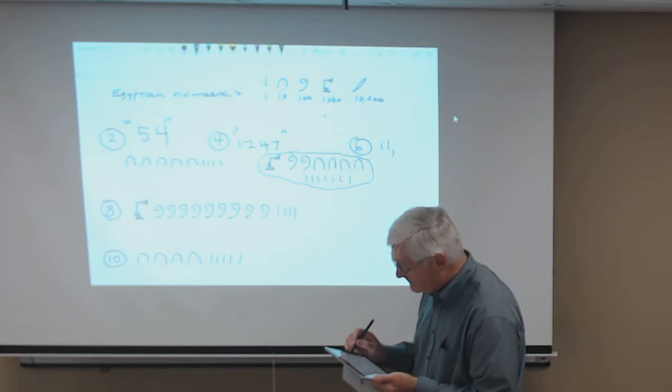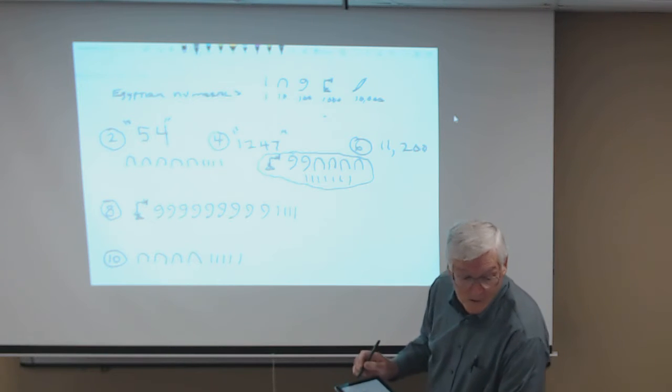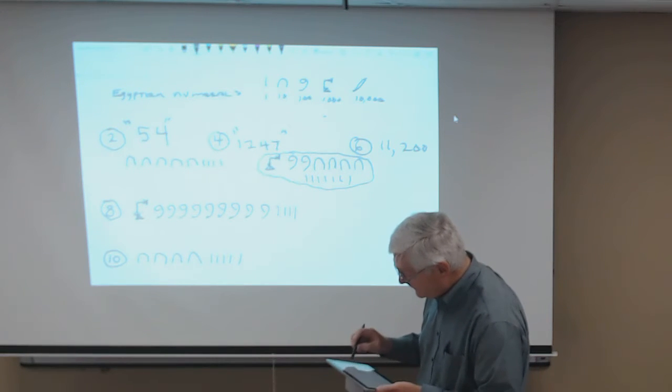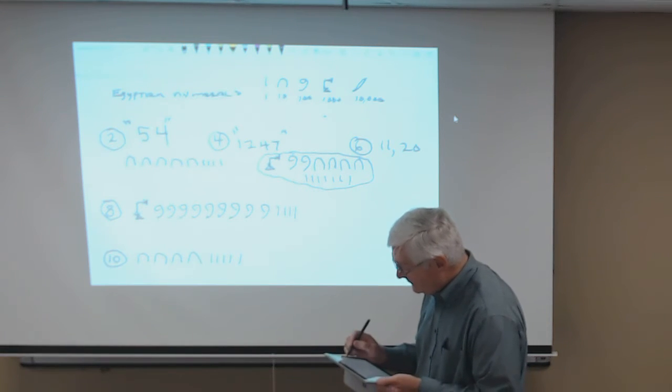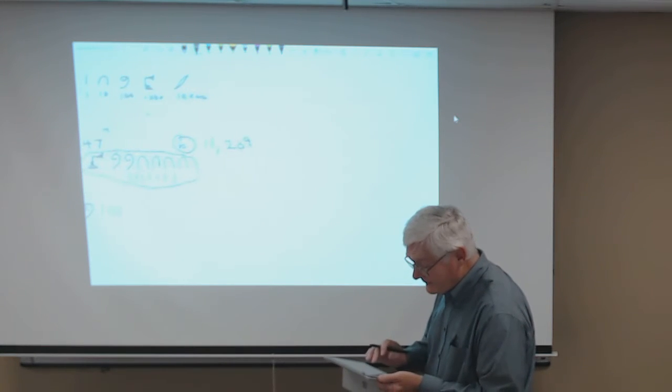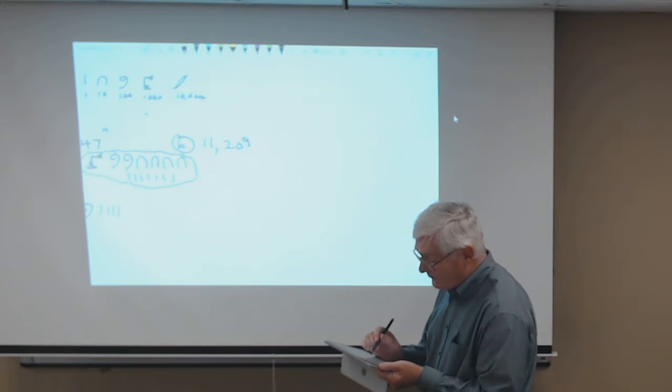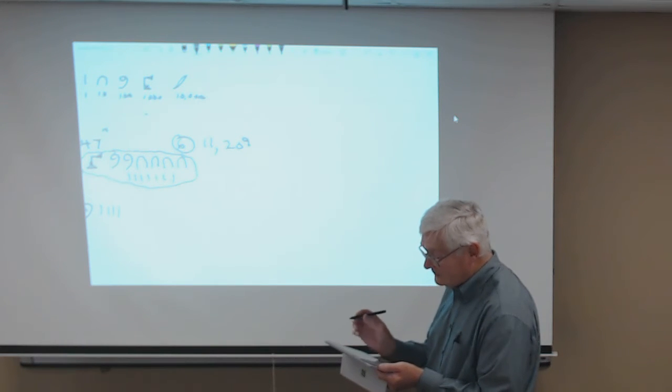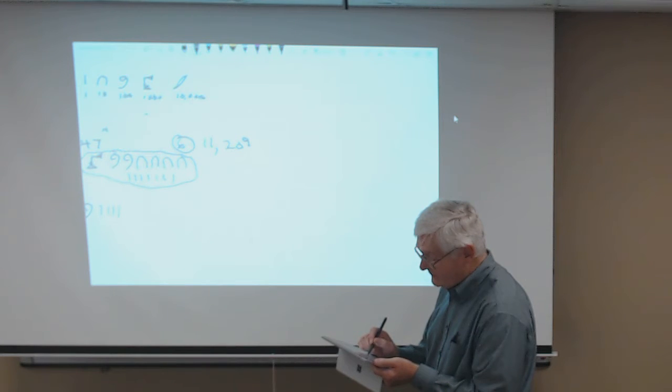Let's do number 6. 11,209. Oh, there's only one 0 in there. Yeah, because it's 209. Okay. So what do I put here for 11,000? I don't. I have 10,000, which is what?